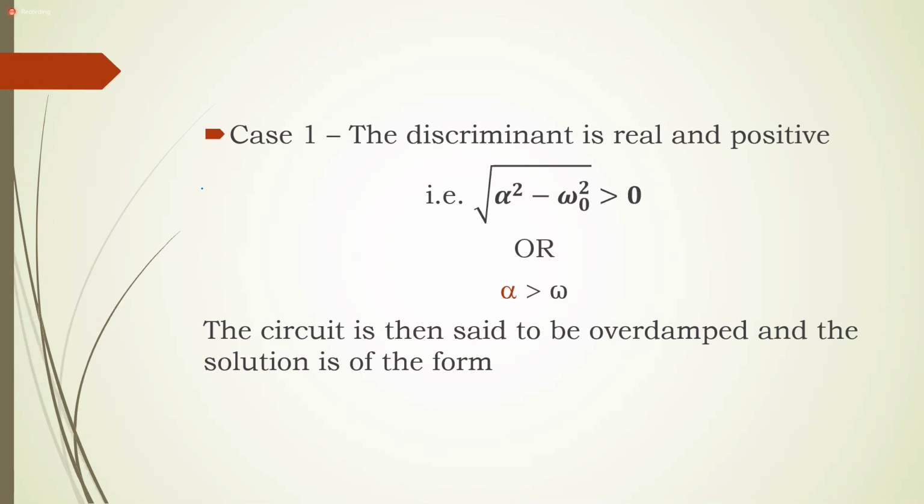So if alpha squared minus omega naught squared is greater than 0, what that means is that alpha is greater than omega naught, and it just means that what's in the square root is positive. Okay? I will say that the circuit will be overdamped.